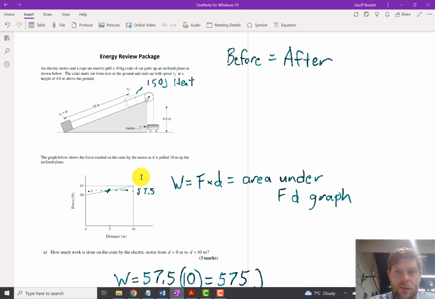All came from that 575. So before we've got the work, and then afterwards it's up. It is fast. And it is hot. So work has become potential, kinetic, and thermal.